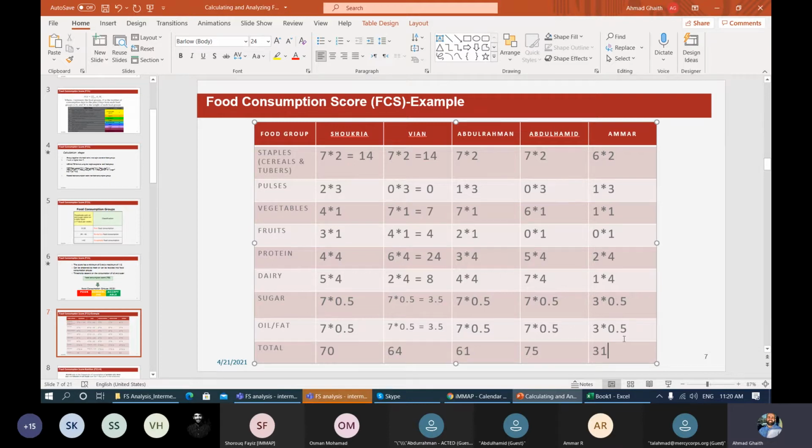So actually, which groups would Shukriya, Vian, Abdurrahman, Abdulhamid, and Amar fall into? Yeah, so we're going to be acceptable for Shukriya, right? So anything over 42.5 is the third group, acceptable. Yes.